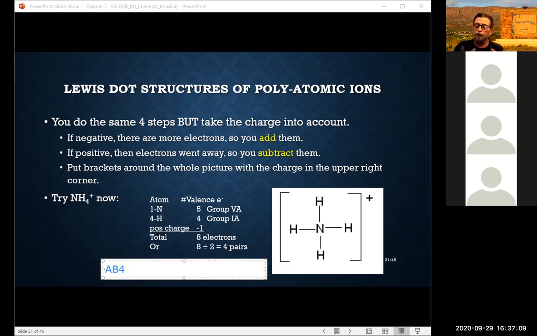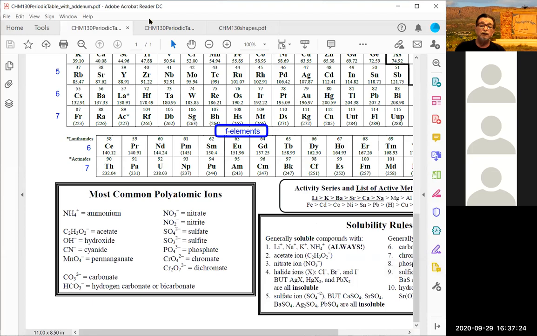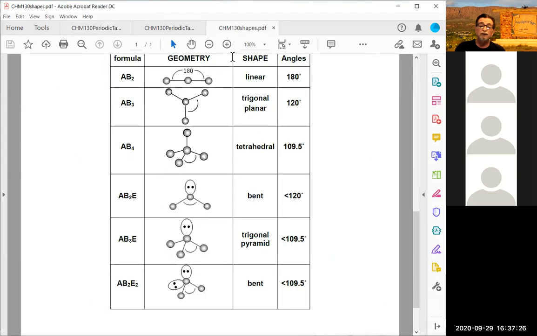And so the general formula for this polyatomic ion is AB4, which when we go to the shapes table would tell you that that is, where do you go? Tetrahedral. Okay. So we can still use the shapes table for polyatomic ions so you can identify the geometry of that polyatomic ion, just like you can for the neutral compounds.